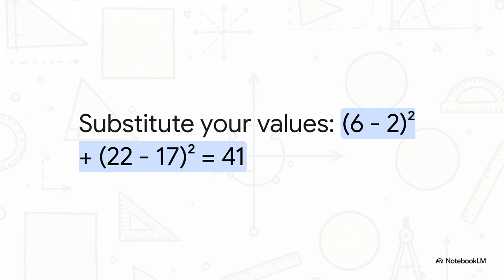Add 16 and 25 together, and we get 41. Now listen up, because this is key. Simply showing this exact substitution, plugging those newly found midpoint values into the distance formula to get 41, is what locks in that second P1 mark. You don't even have to write out the general formula first. The substitution itself proves you know exactly what you're doing.